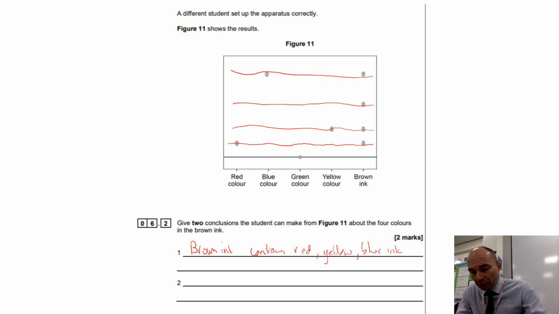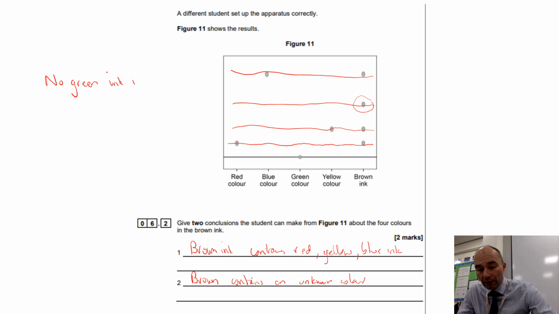Now, we've got this dot here where we don't know what colour that is. So it means that our brown ink contains an unknown colour. And that's the only thing we can conclude from that. You could also conclude that the brown ink doesn't contain green ink. So there's no green ink in brown.